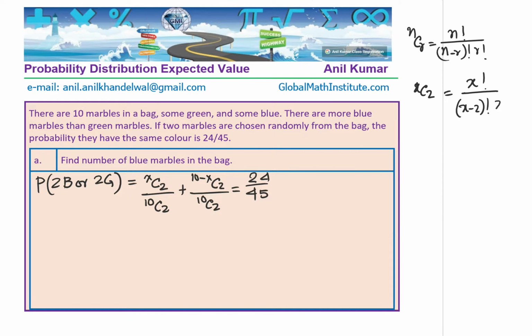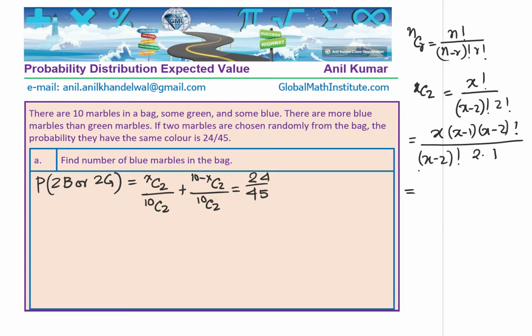Correct? Let's try to see how we solve it. Factorial means product of these numbers, correct? So the product will be like x times x minus 1 times x minus 2 times so on. So that I could write as a factorial here. So x minus 2 factorial in the denominator will cancel. 2 factorial basically is 2 times 1, correct?